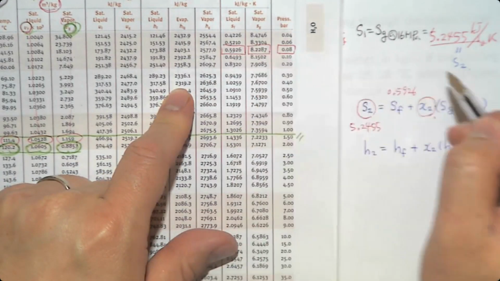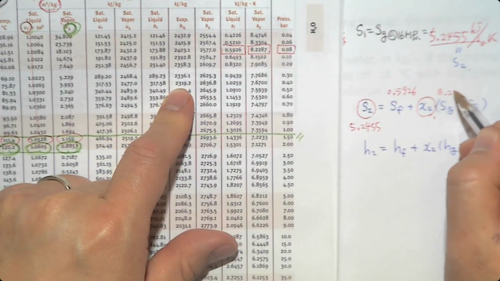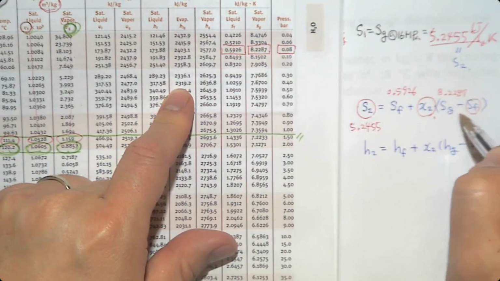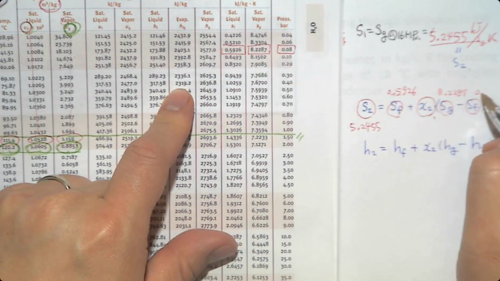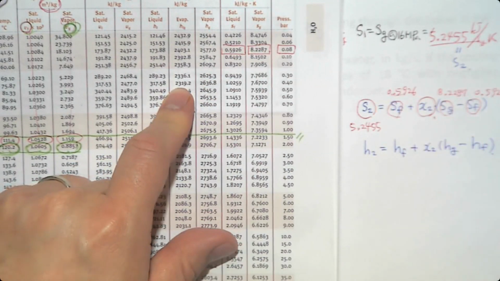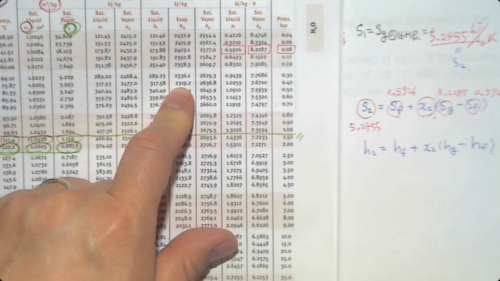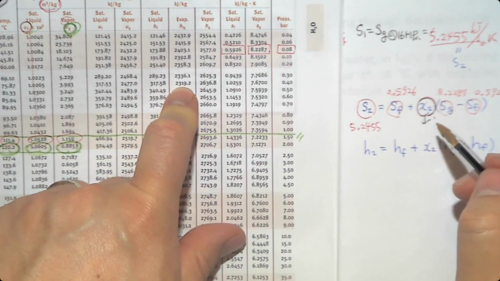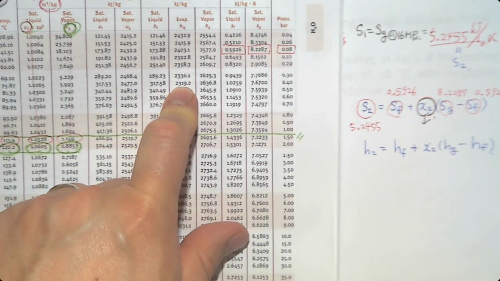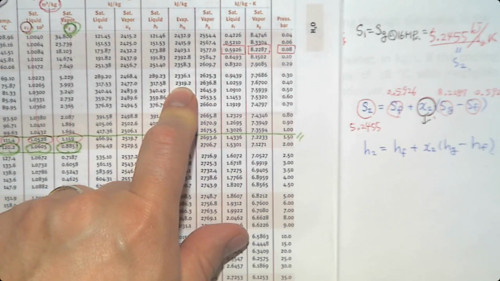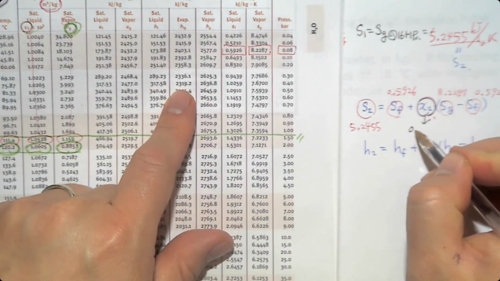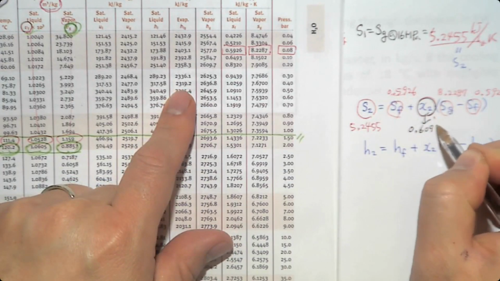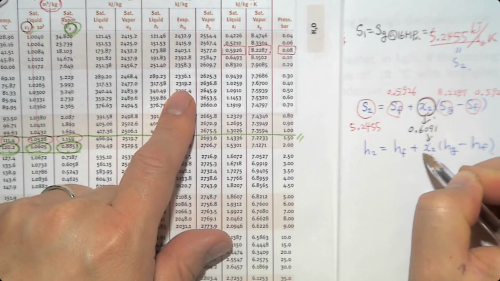Sg is this number, 8.2287. Sf, this number, 0.5926. Can you determine X2? Yes. What is X2? 0.6091. That goes to X2 here.